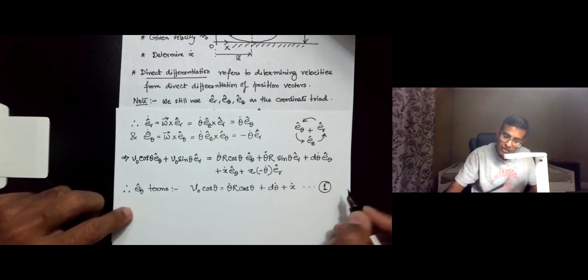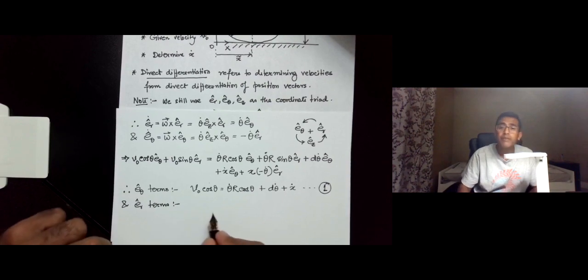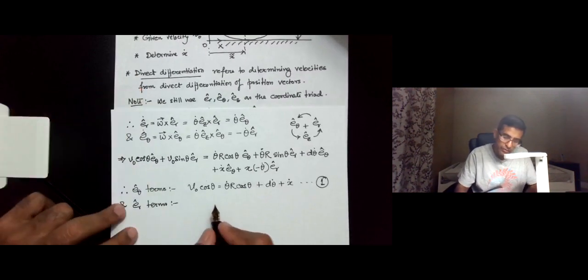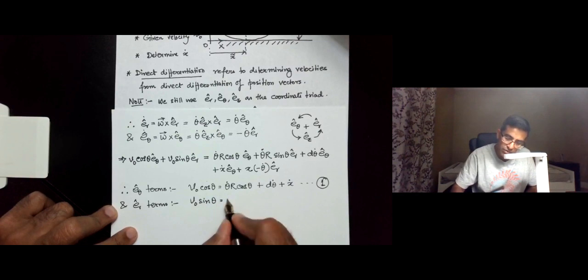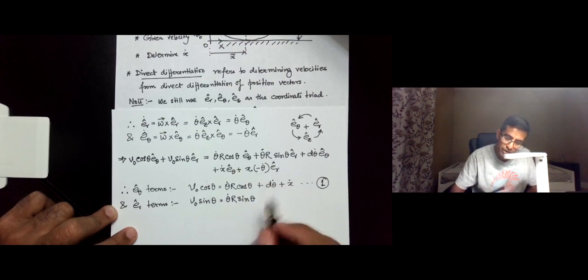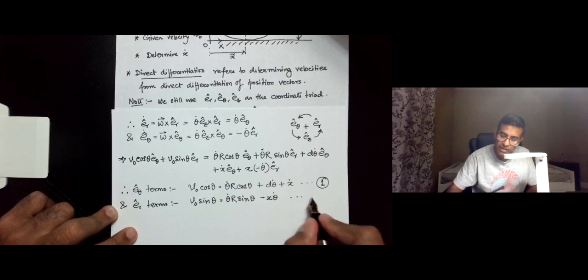And then the ER terms, if we put them together, we will have V naught sine theta is equal to theta dot R sine theta, and we are putting the minus x theta dot. Right, so that becomes our equation 2.